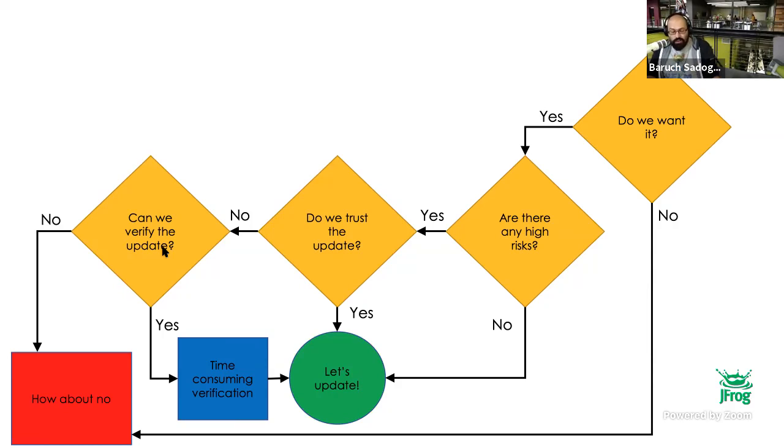I am not ready. So when you hear that, and you can hear it both from vendors and from customers, we are not ready to take frequent updates, or our customers are not ready to take frequent updates, the problem is right there. The problem is that the verification cost is very, very high. And whose fault is it?